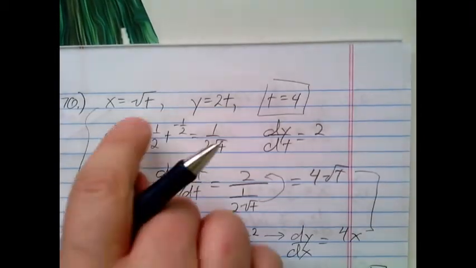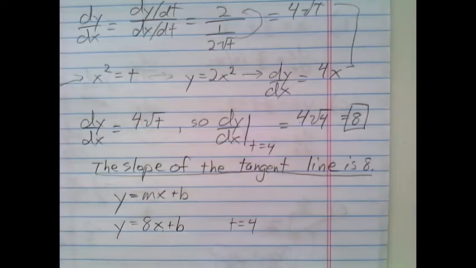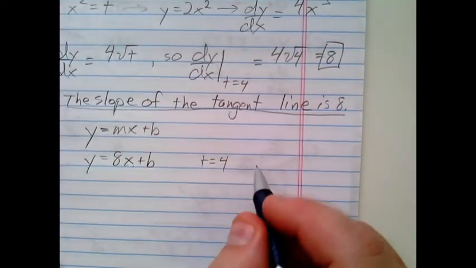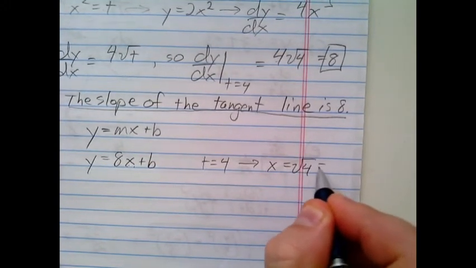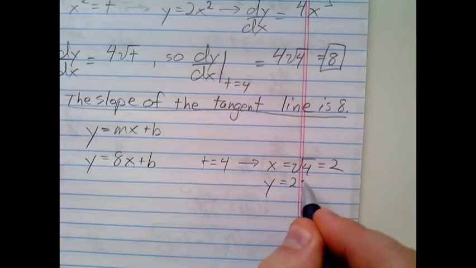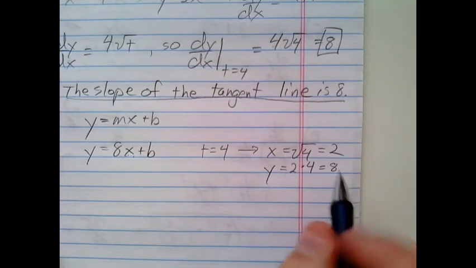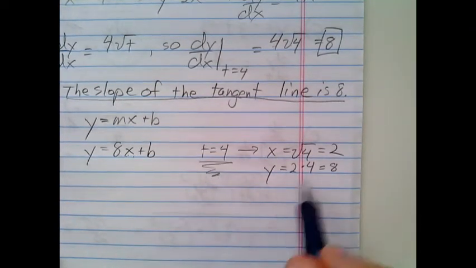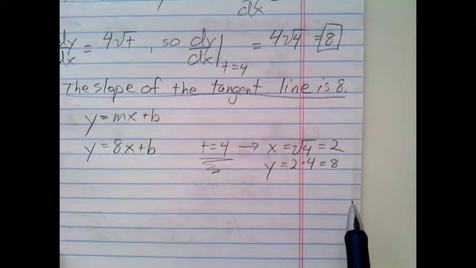Now remember, we have formulas that allow us to take t and get x and y. When t is 4, x would be the square root of t, so it's the square root of 4, it's 2. And y is supposed to be 2t, so it's 2 times 4, it's 8. So this value of the parameter corresponds to the point (2, 8) on the graph, x value, y value.